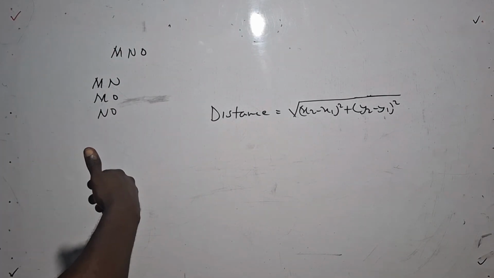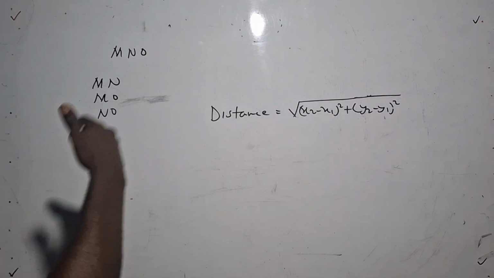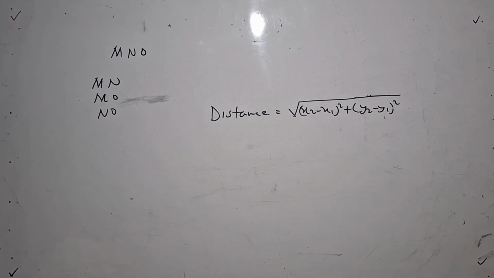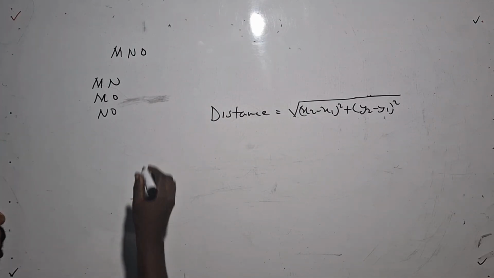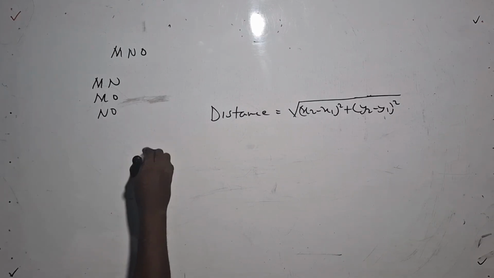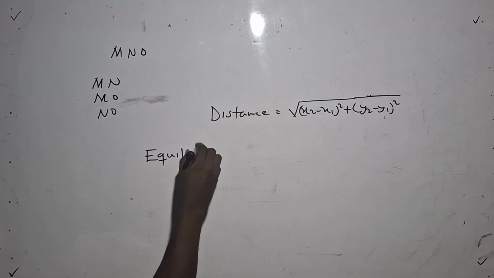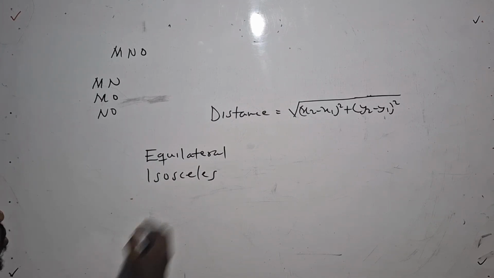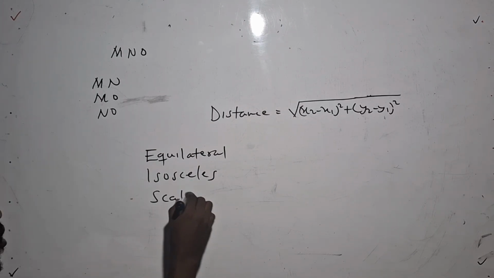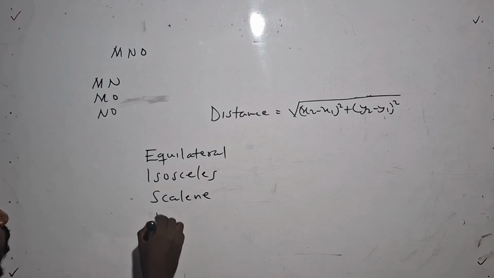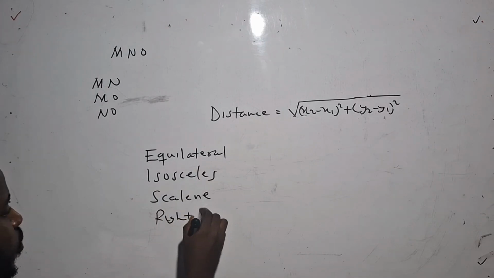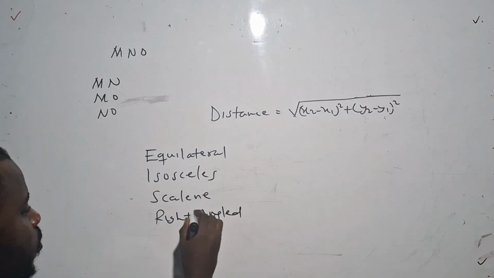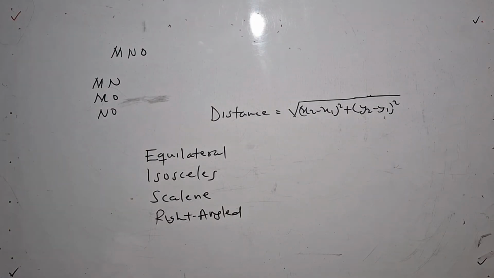One thing you have to understand is that once we find all three sides, we can determine the type of triangle. The types of triangle we have are the equilateral, the isosceles, the scalene, and then the right angle triangle.